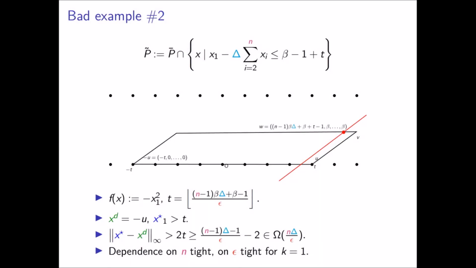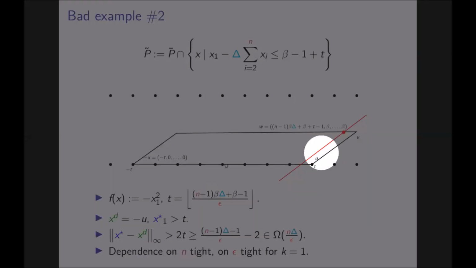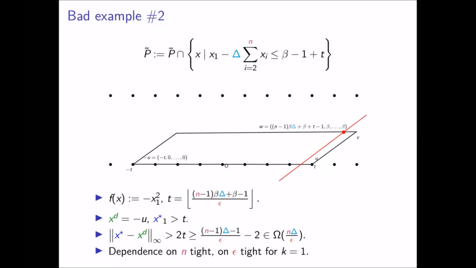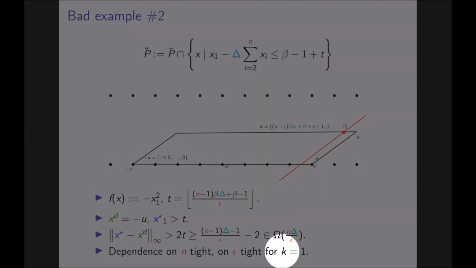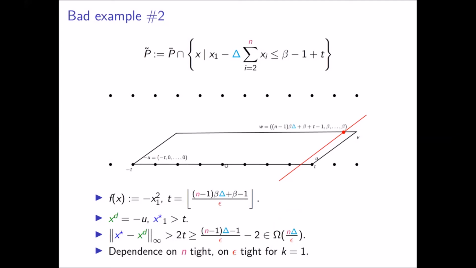Since U is no longer feasible, you can see that minus U will be the unique optimal solution to IQP. And also, with our choice of t written here, we can guarantee that every epsilon approximate solution to the corresponding QP will have the x1 component strictly larger than t. And this implies that the distance between optimal solutions to IQP and epsilon approximate solutions to QP can be larger than 2t, which is a quantity in omega of n delta over epsilon.